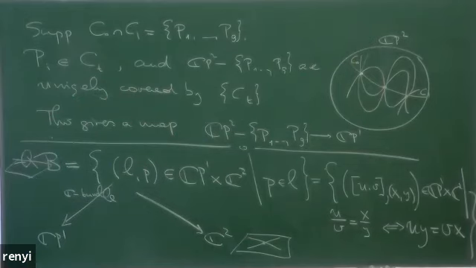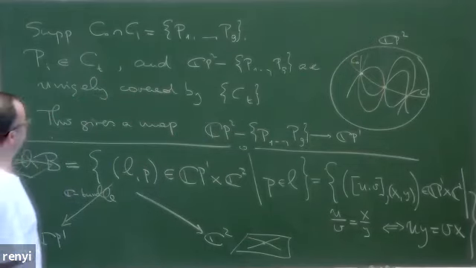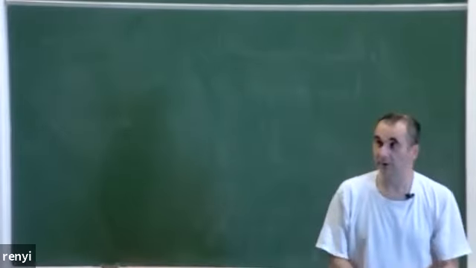Okay, so what can we do with these guys? Well, I promised you examples and constructions. So here is the first construction. If we have two such objects, say two copies of E1, sorry, I have to turn the blackboard.